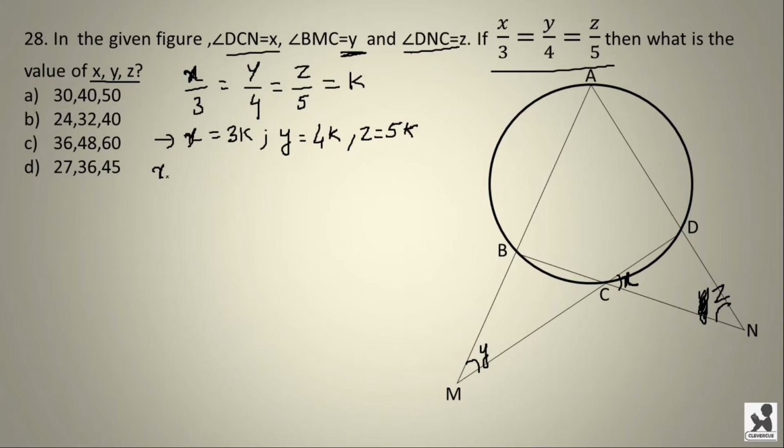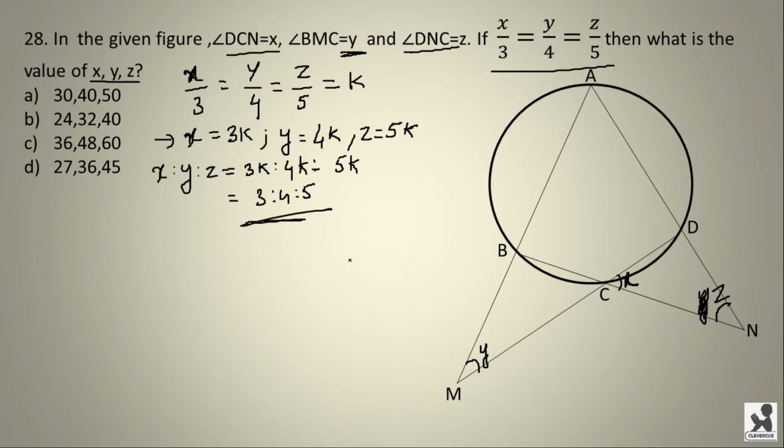If we take the ratios, x is to y is to z equals 3k is to 4k is to 5k, which gives 3 is to 4 is to 5.